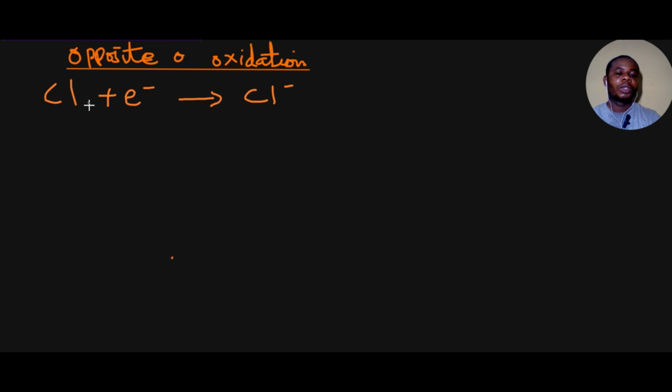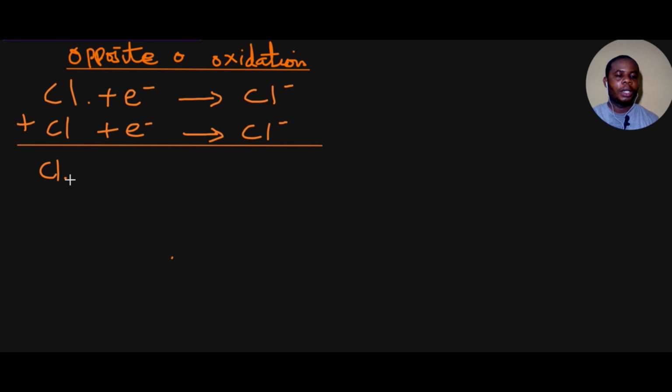Because chlorine is diatomic, this reaction will occur again. So chlorine atom again plus 1 electron to be chloride ion. To get Cl2 plus 2 electrons to give 2Cl minus.